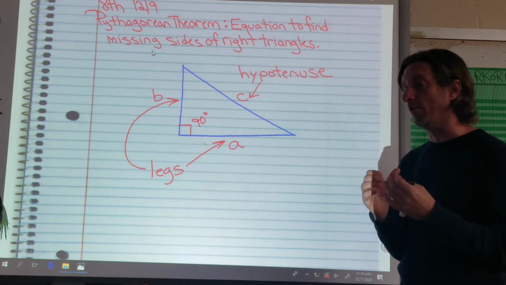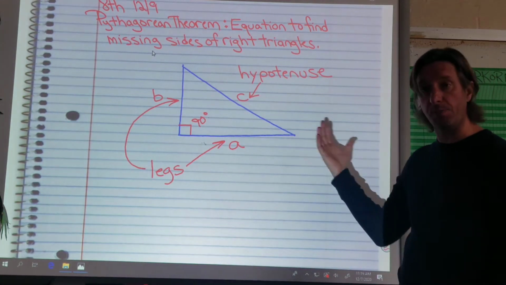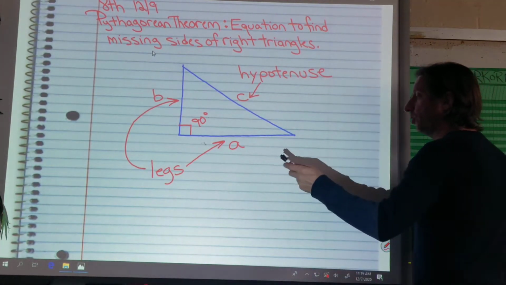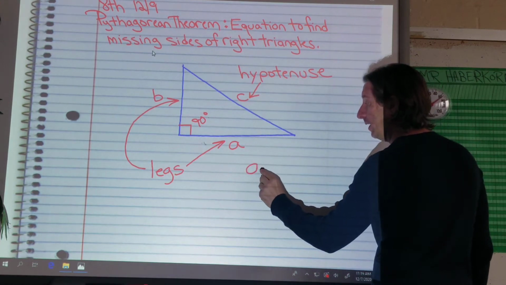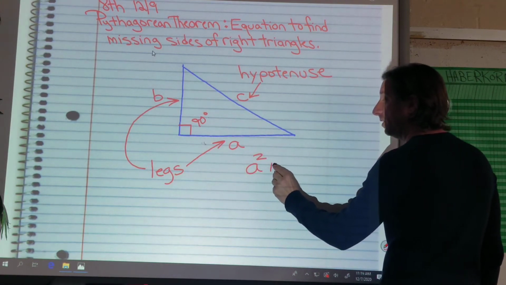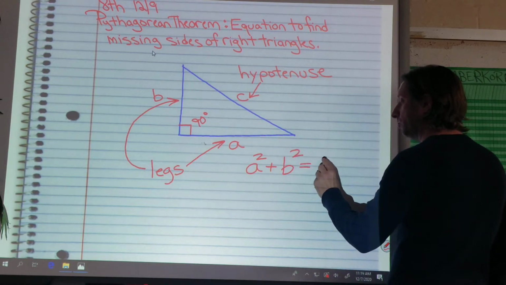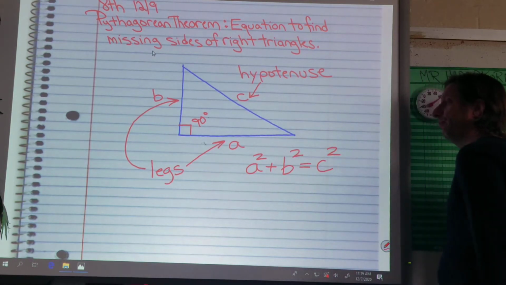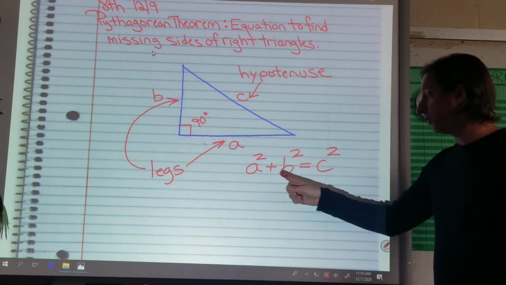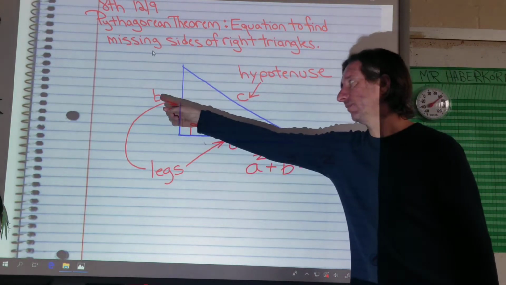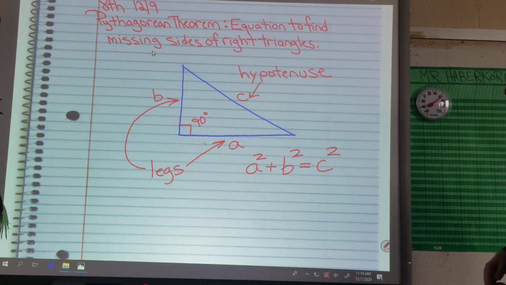There's nothing really new for me to teach you except the specific equation, right? So this equation is a squared, or a to the second power, plus b squared equals c squared. All right? And those letters represent these sides, A, B, and C. Okay?